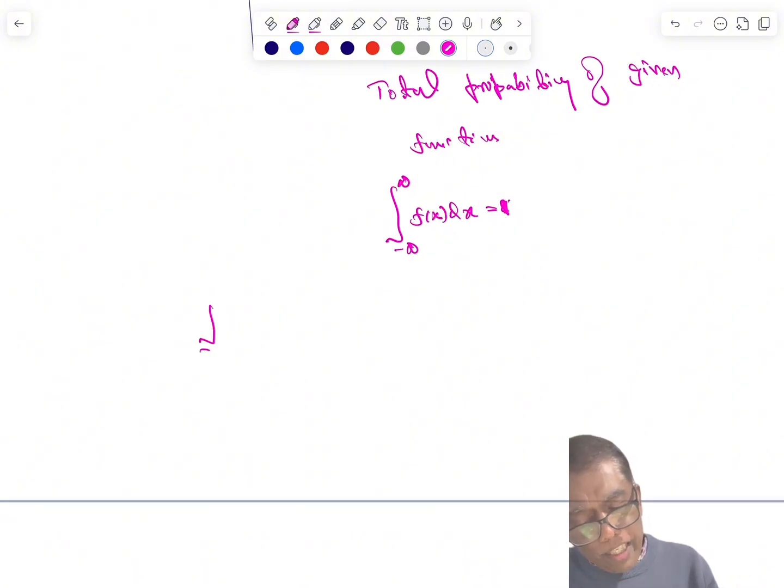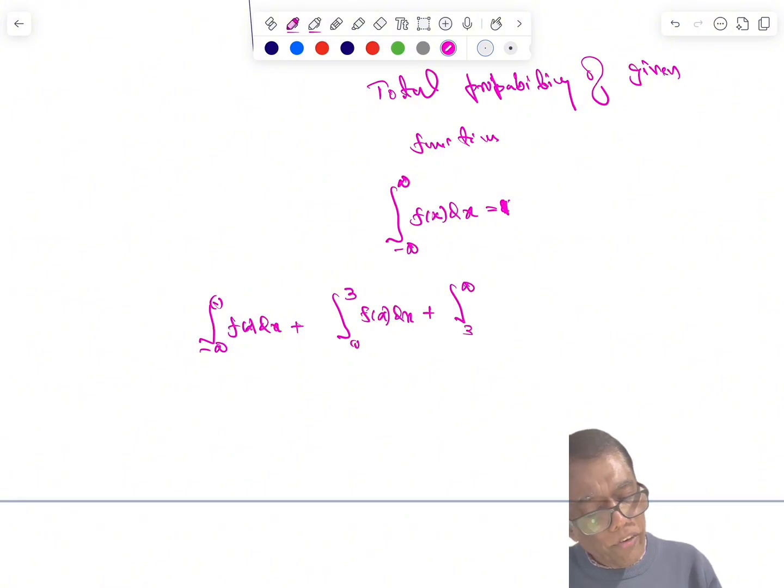However, this is the integral from negative infinity to 0 of f of x dx, plus 0 to 3 of f of x dx, plus 3 to infinity of f of x dx.